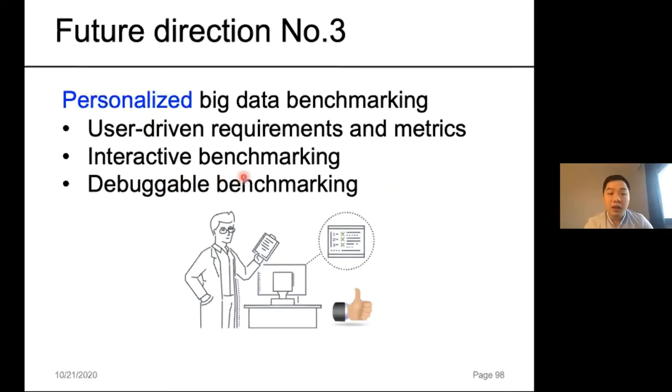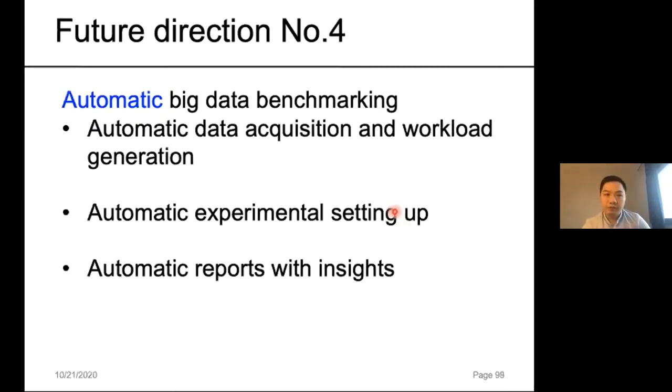In addition, the user can do interactive benchmarking with a personalized benchmarking tool. And in the benchmarking process, the user can debug the whole process and stop some process immediately, or pause some process and then continue.